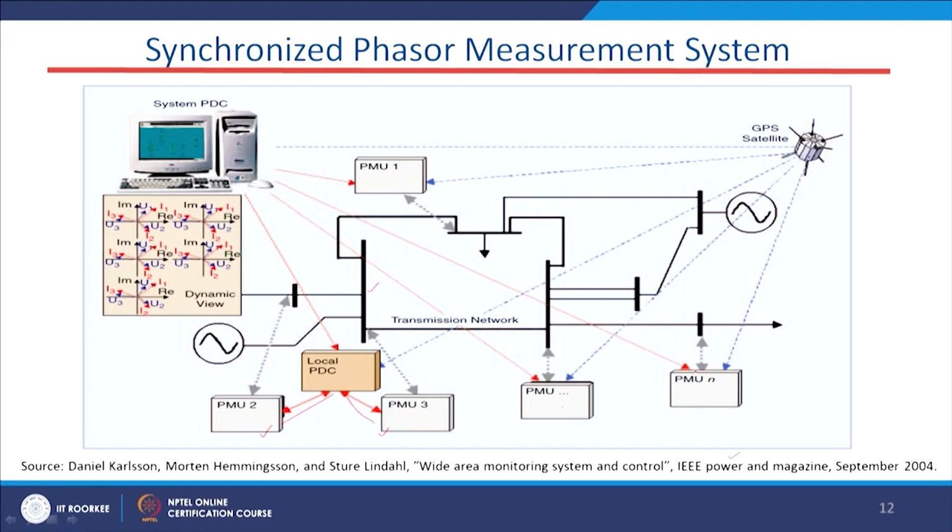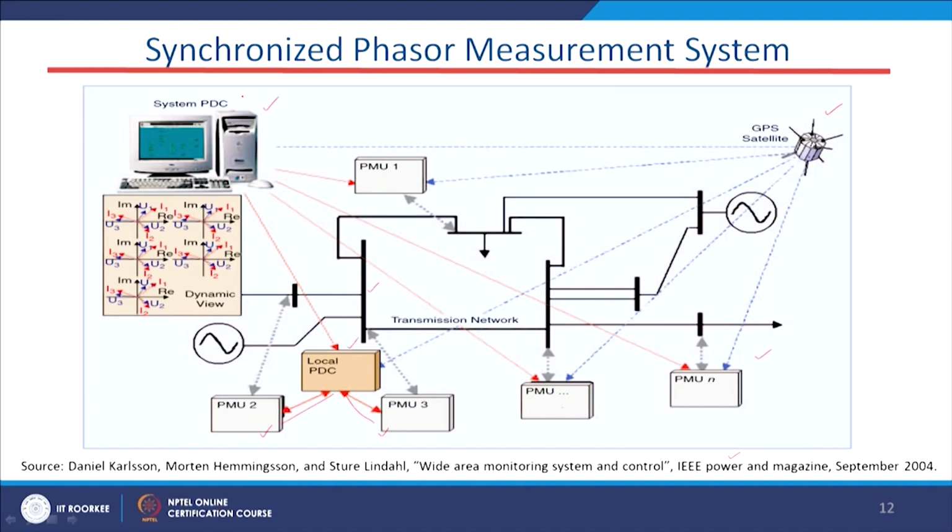Let us say we have more buses present in this network, and here we also have the GPS satellite. Due to this GPS satellite, all the PMUs, including the local PDC, get the clock signal, the reference signal, and it also reaches the system PDC, and all the PMU data reaches this system PDC.